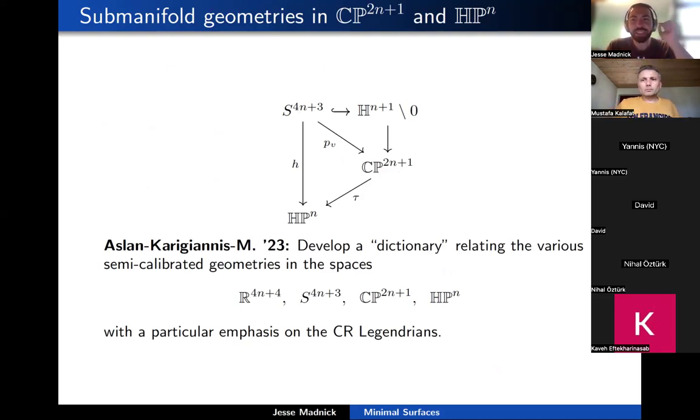But you can, in fact, develop a dictionary between the various submanifold geometries in these four spaces. This is what was done in a recent paper with Ben Aslan and Spiro Karigiannis and myself, going back and forth between these various spaces so that the relationships are all clear.